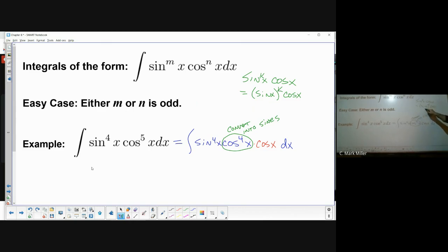So this is u, and that's du. So this is like u to the k du. What's the antiderivative of that? The integral of that, dx, is going to be this to the next higher power, sine to the k plus 1 power, divided by k plus 1, plus c.